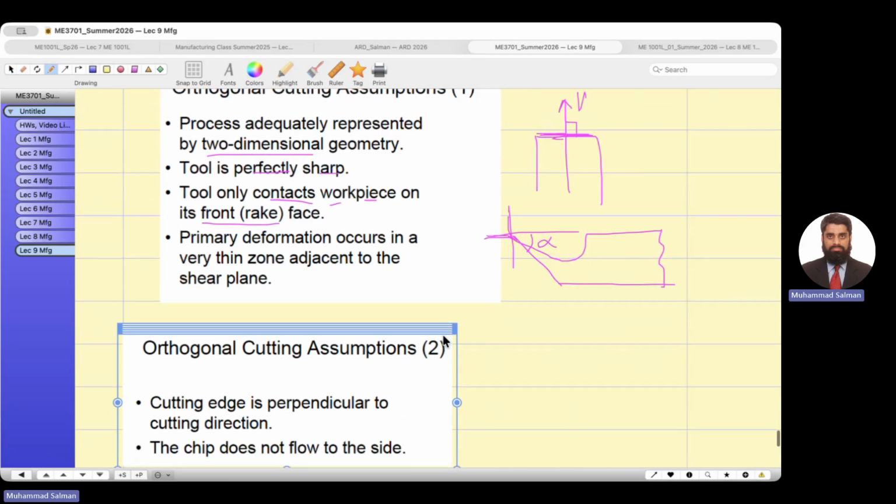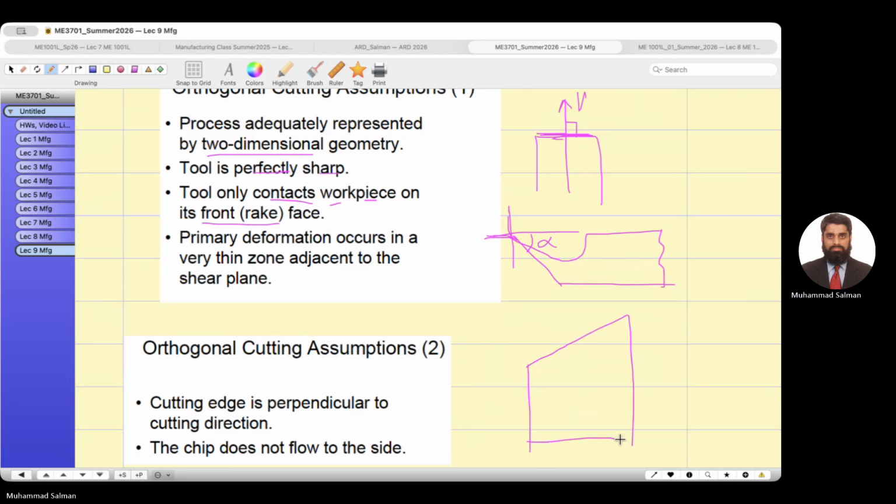But what happens if the cutting edge is not like this and the tool is moving like this? Then the chip will come here and move to this side. If the cutting edge is like this, imagine you are pushing your hand at an angle, and you have more area.